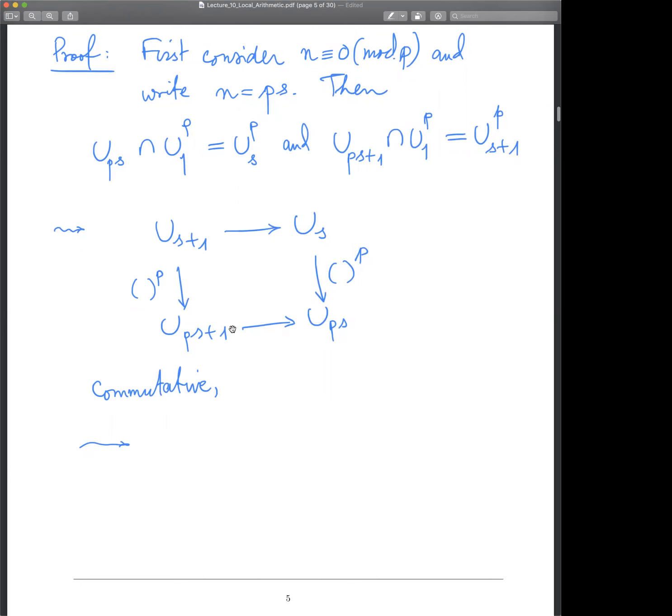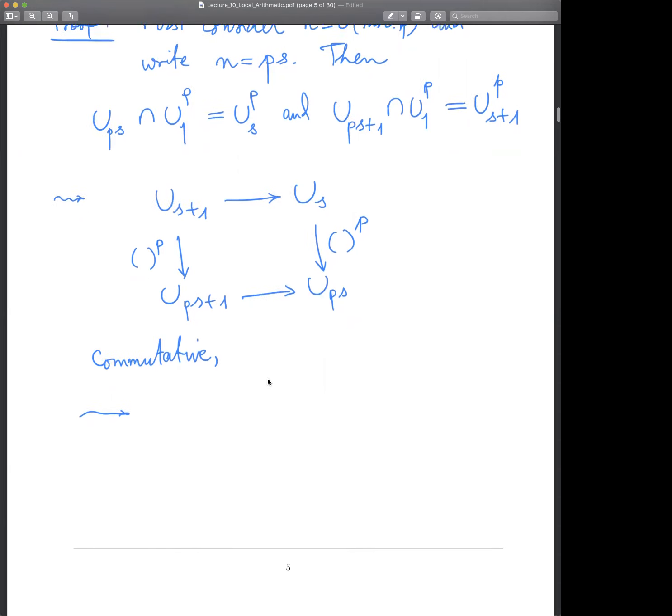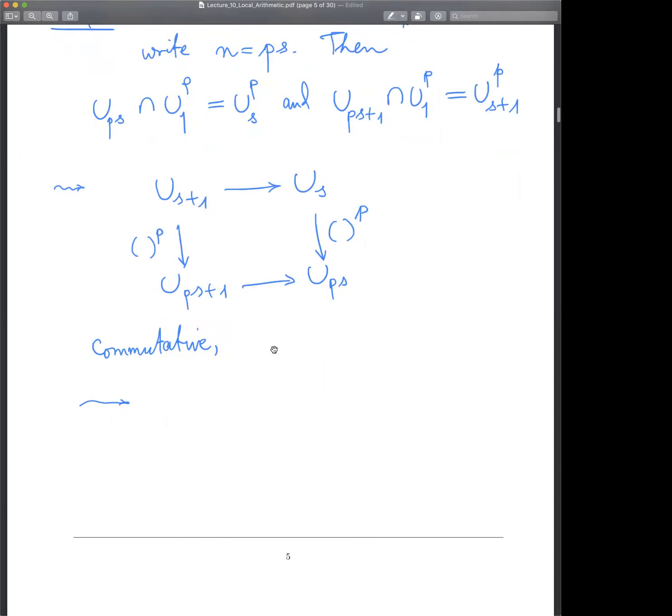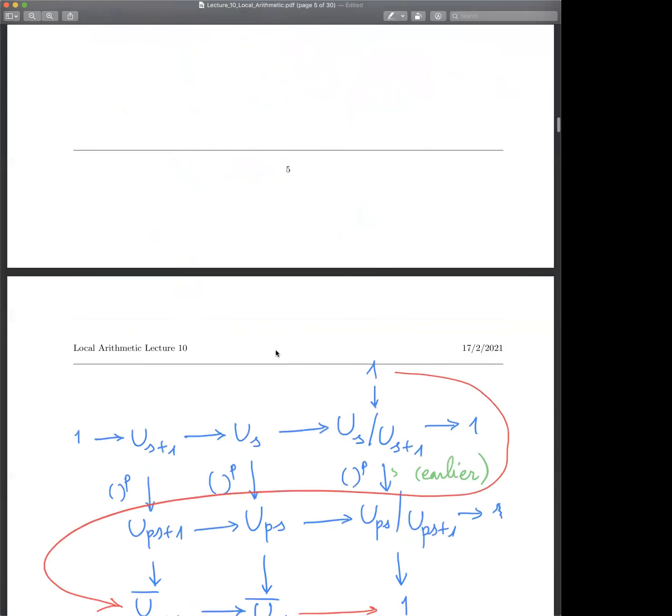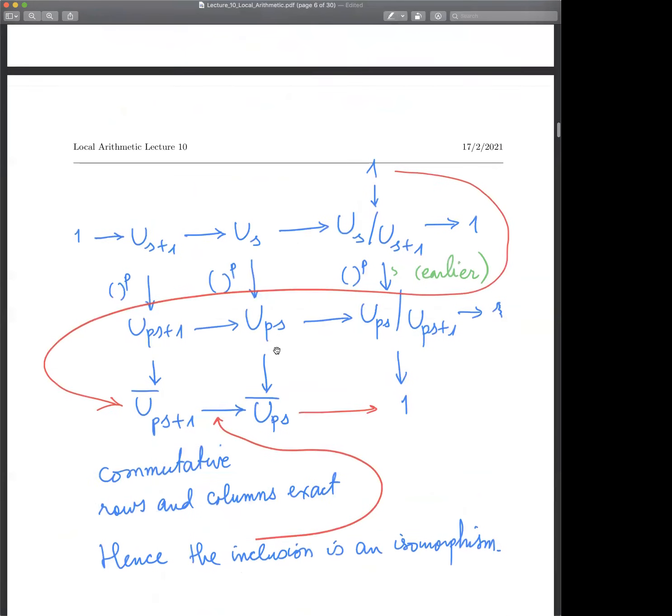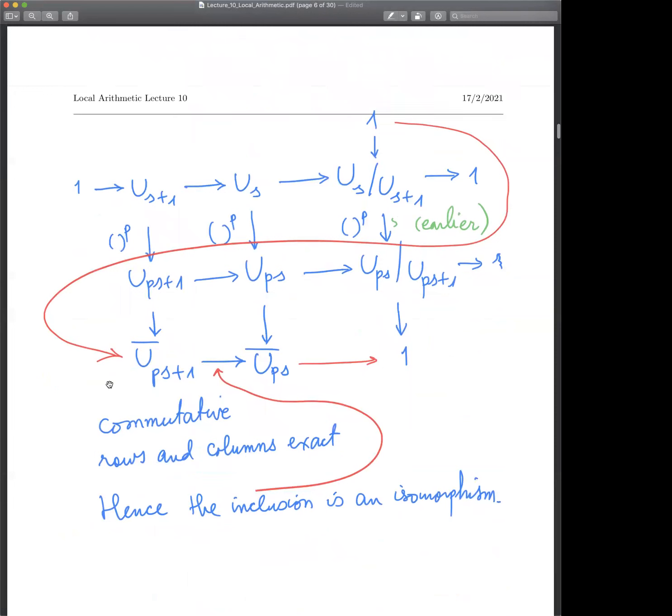Of course, this commutes, because ultimately what is happening is you're taking an element of U_{s+1}, raising to the power p, and considering it as an element of U_{ps}. So this diagram commutes. But the commutativity of this diagram gives rise to this whole thing here. This diagram in blue, this square, is the one we started with.